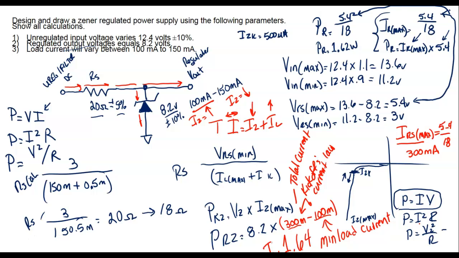So, can I use a 1N47, what did we come up with, 1N47? We didn't write the part number down. Not an A, we're using just plus minus 10%. 1N4738.